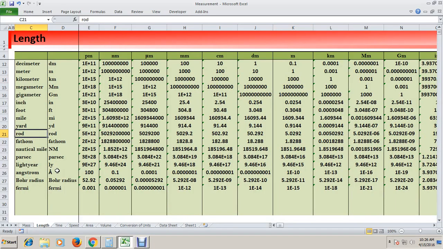There appear here in the table for length some units that we usually make use of in industries, such as the nautical mile. The nautical mile is actually used for measuring distances in the sea.